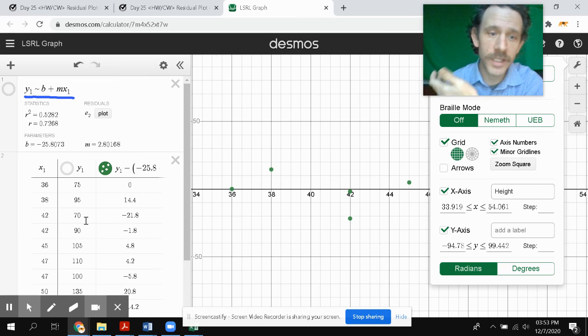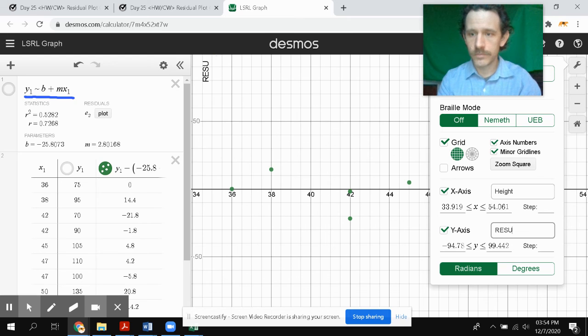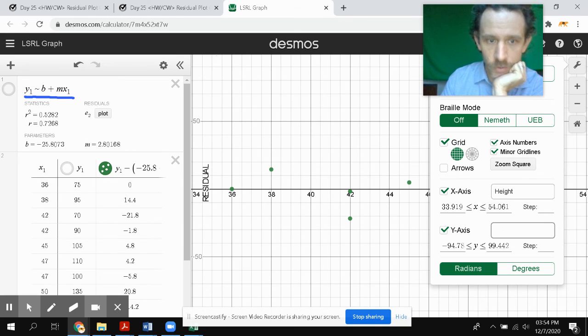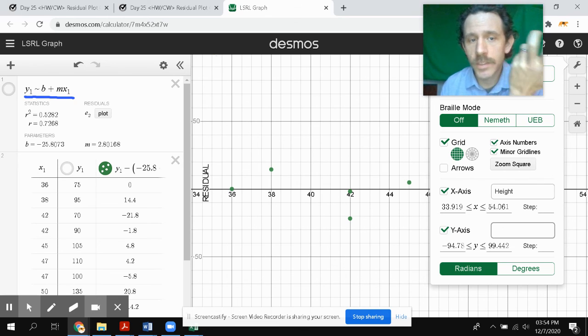This is a residual plot, so the y-axis is always going to be labeled residual. You would want to move that, so hit space until it goes all the way to the x-axis here. If you don't go all the way down, that's fine, but somewhere close, right? So now we can see what these values are.